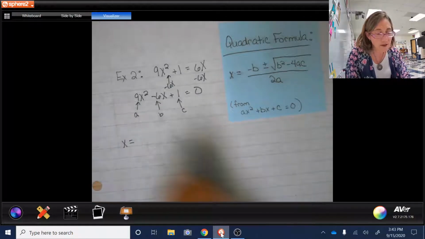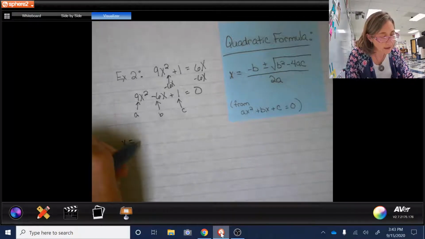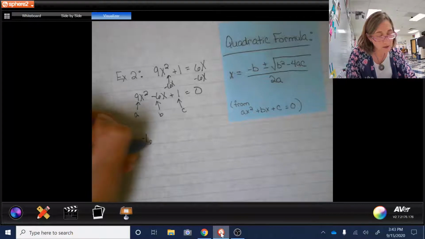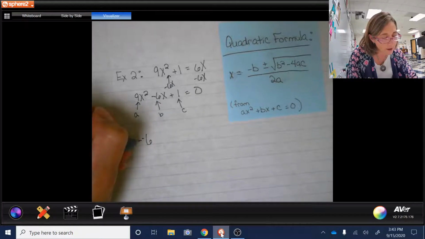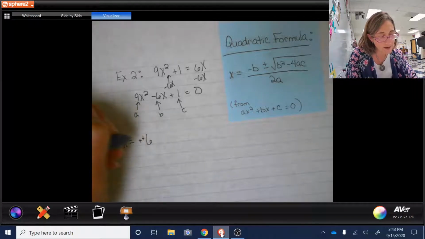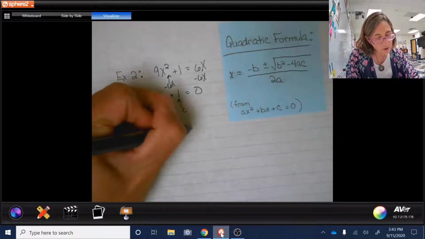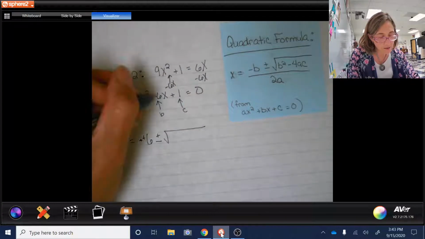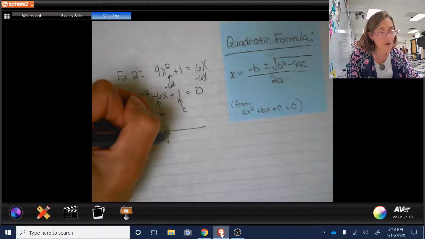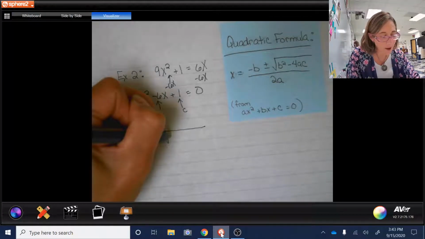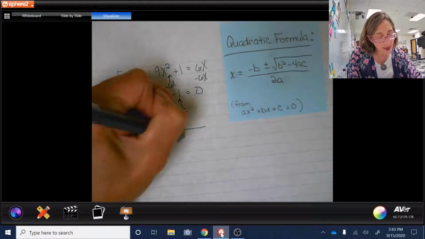So x equals negative b, so I need negative 6. So I don't like the double negative, so I'm going to go ahead and add the opposite right there while I'm thinking of it. Then there's the plus minus sign, the square root of b squared. So negative 6 times negative 6 turns out to a positive 36 for the b squared.